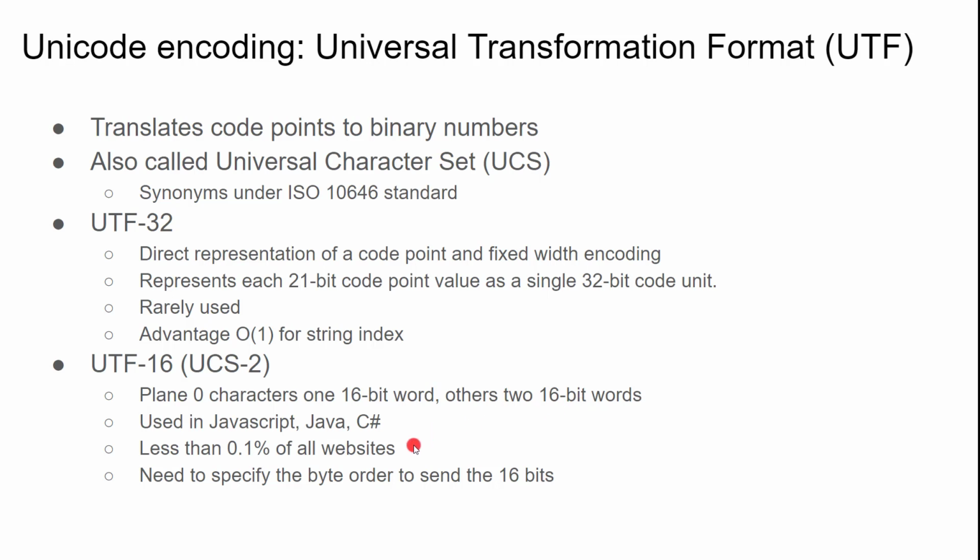The main reason for the low adoption for web pages is that UTF-16 is difficult to transmit between computers on the internet because networking protocols deal with 8-bit words and not 16-bit words. Therefore, you need to specify if the top or bottom 8 bits of the 16-bit word are being sent first. And because there's no one standard to do this, confusion and incompatibility result.